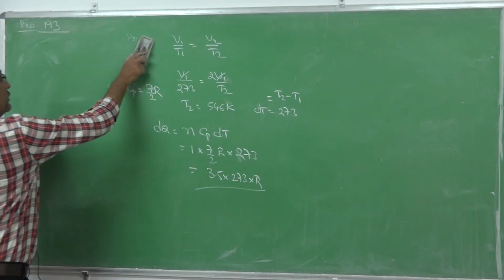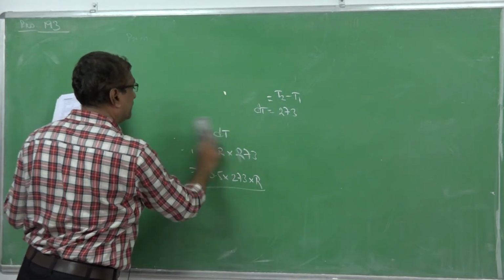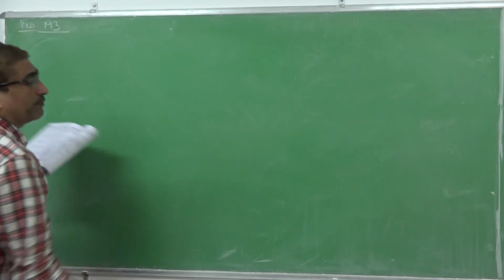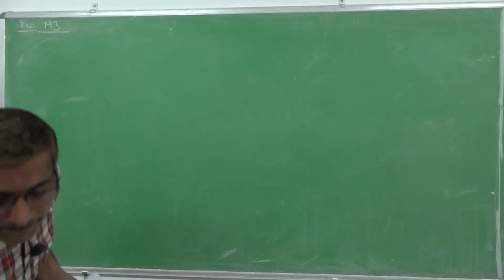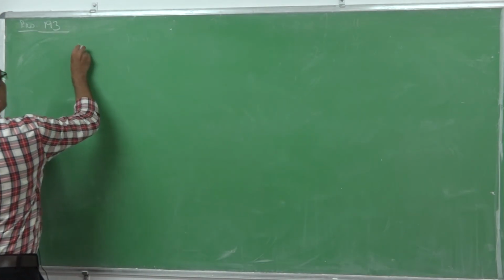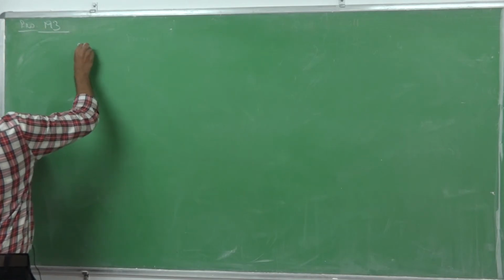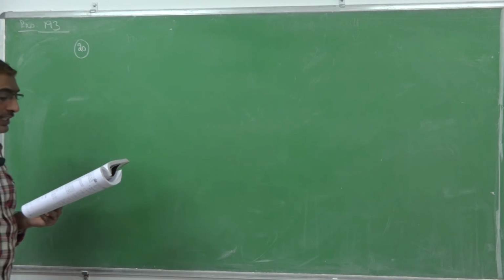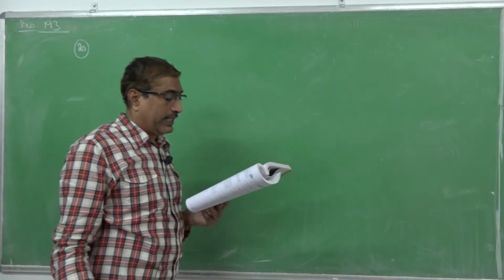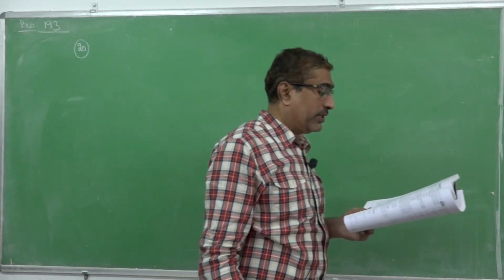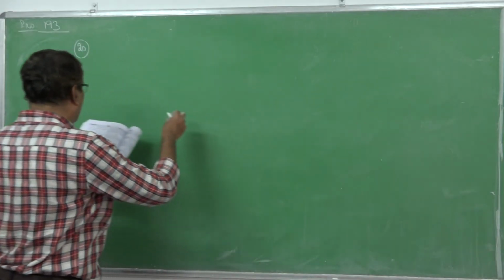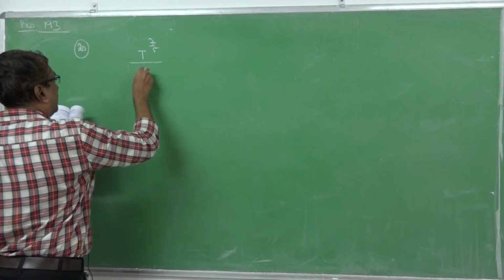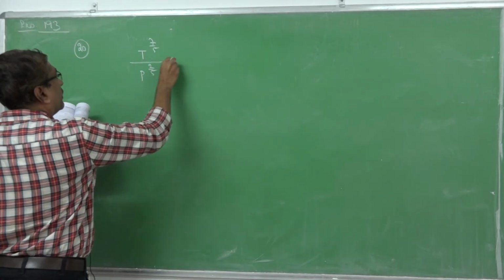Now 20th one. The equation of a certain gas can be written as T power 7 by 5 by P power 2 by 5 is constant.